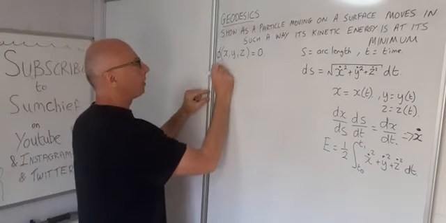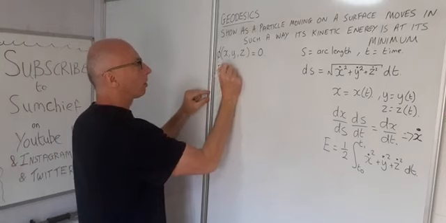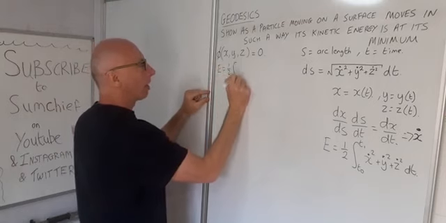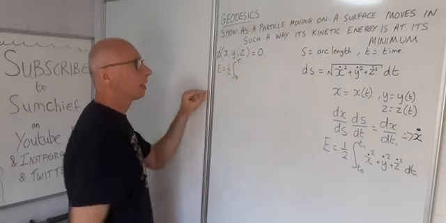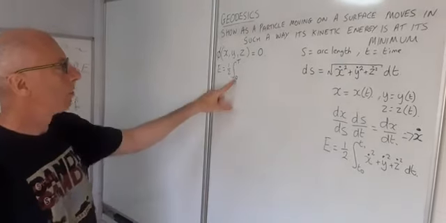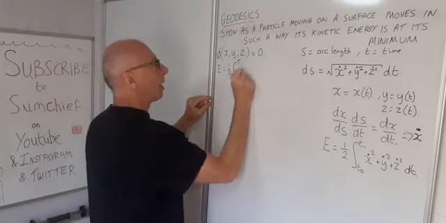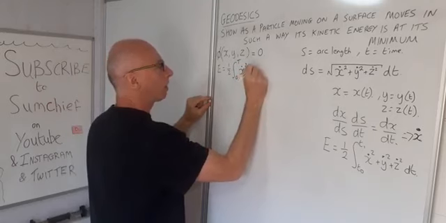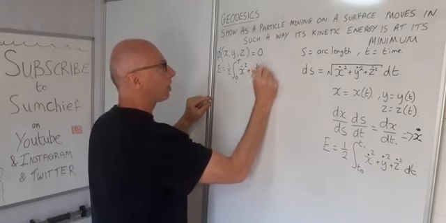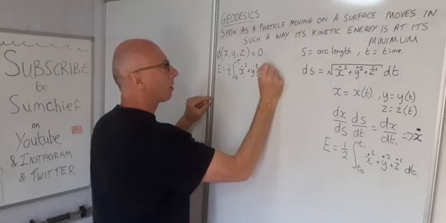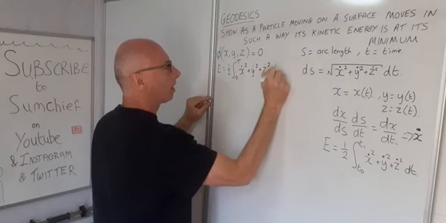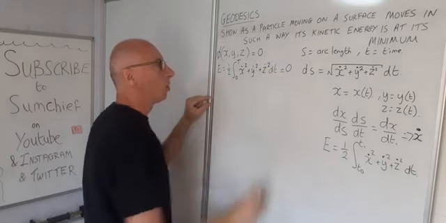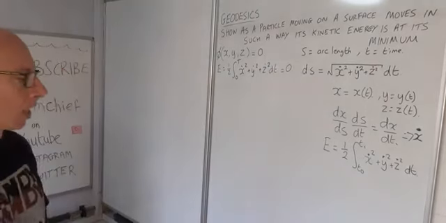So we need to try and find a point where energy equals 1/2, now we'll go from 0 to t. We'll call t our parameter from a standing start. And then x dot squared plus y dot squared plus z dot squared dt. We're going to set this also to 0.